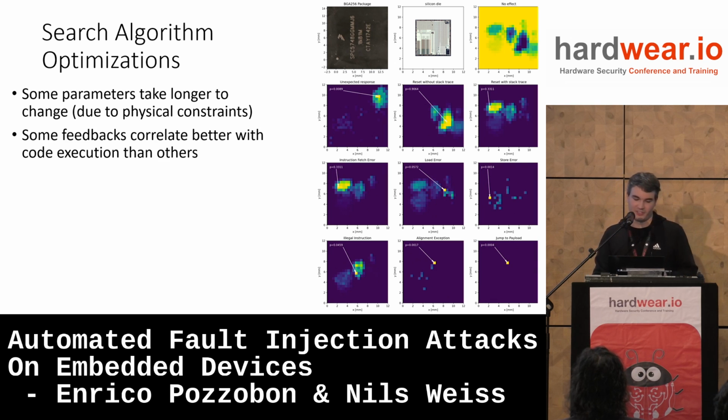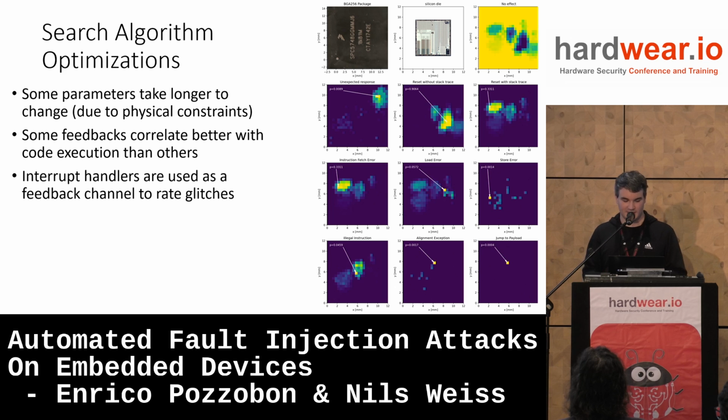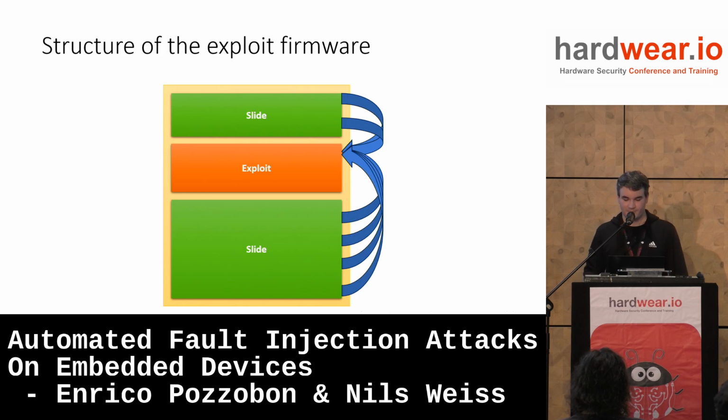As I said, some feedbacks correlate better with the code execution than others, so we try to search for those first. And the interrupt handlers, this is obvious: these stack traces are used as a feedback channel for our evolutionary algorithm.